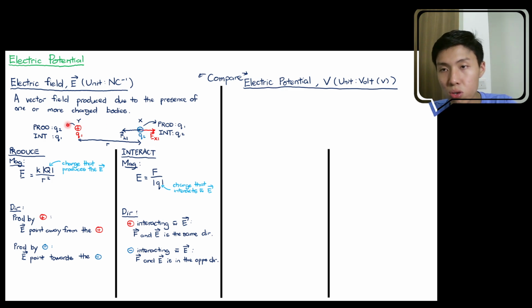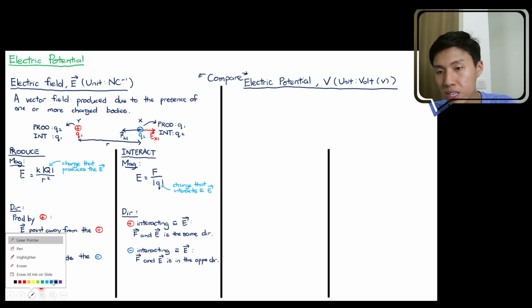Okay, so if you study the direction, the electric field at Y is produced by Q2, and Q2 is a negative charge. So if the electric field is produced by a negative charge, the electric field will point towards the negative charge. So the electric field at this position will point towards the negative charge. You have to point to the right. If you're pointing to the left, you're pointing away from Q2, right? If you're pointing to the right, you're pointing towards Q2.